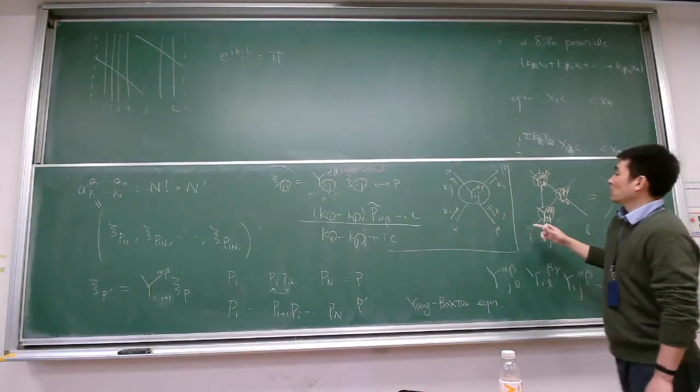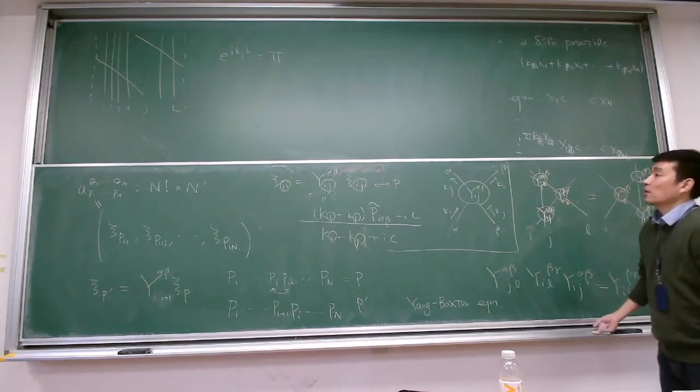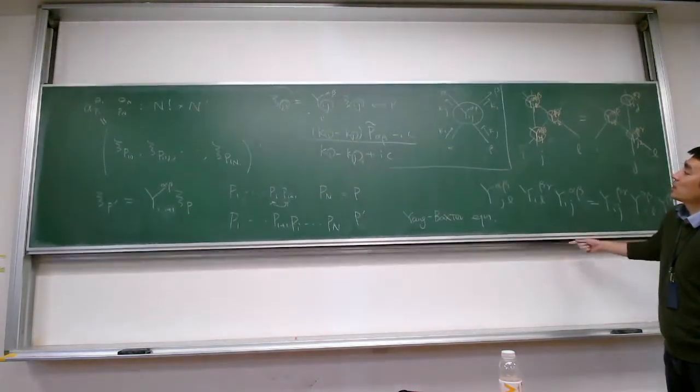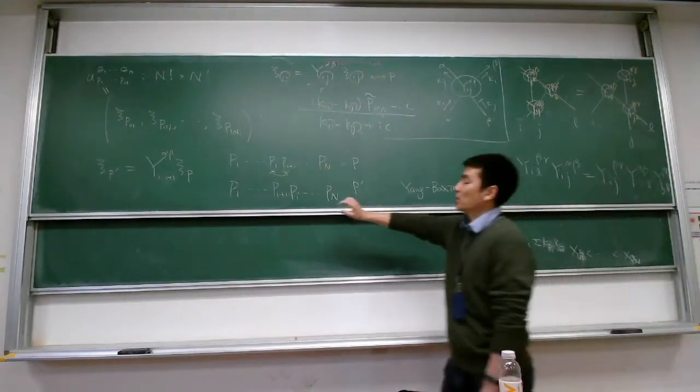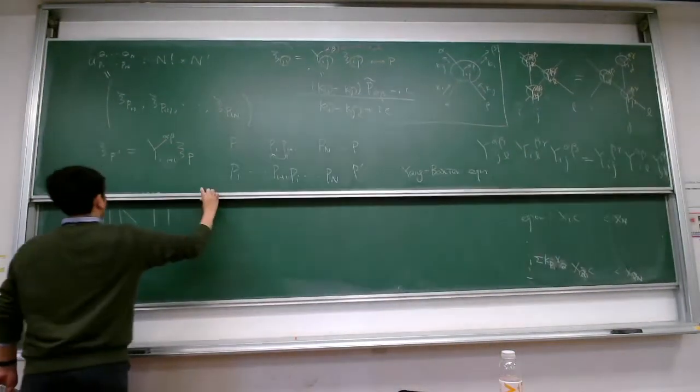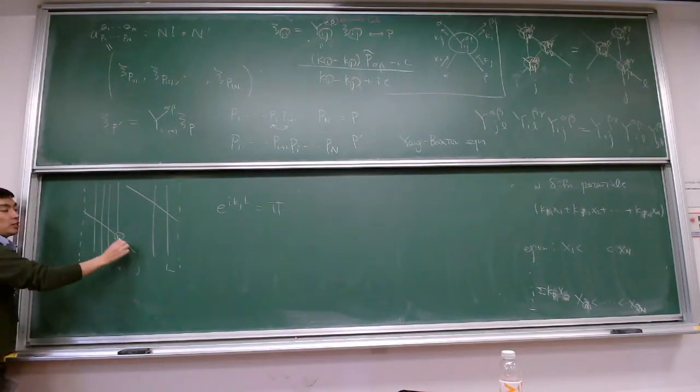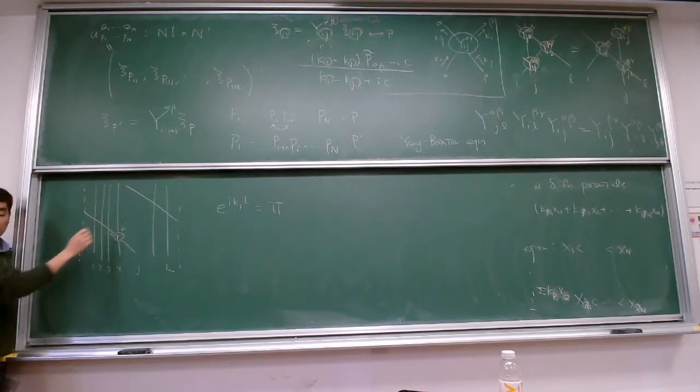So if you only assign this Y here, the particles are now swapped. This becomes j and this becomes 4.